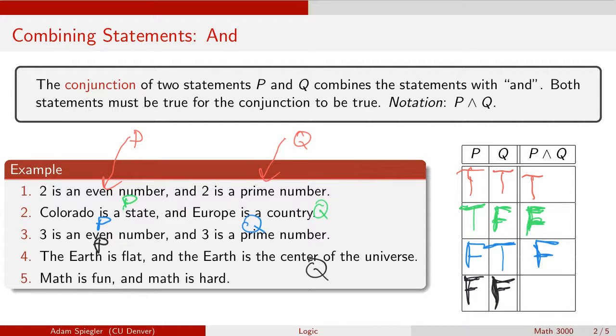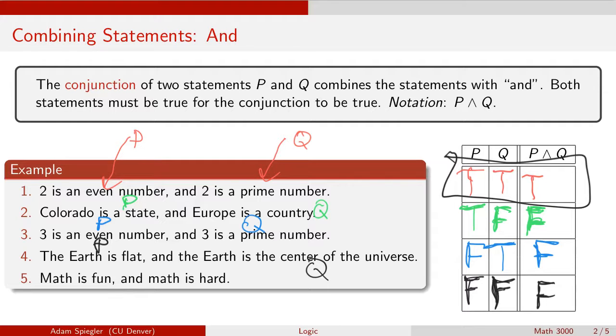And so both P and Q are false here, but we don't get this behavior like two negatives cancel each other out. If P is false and Q is false, then P and Q is definitely false as well. Okay, so the only way we get truth out of a conjunction is when both of the statements are true.